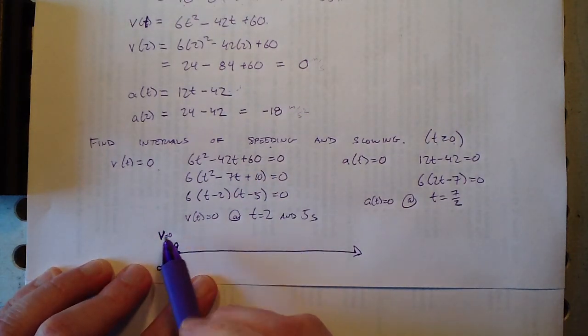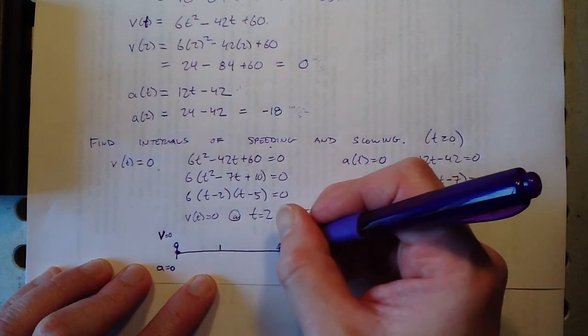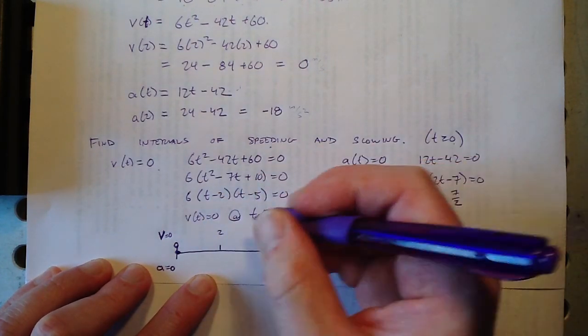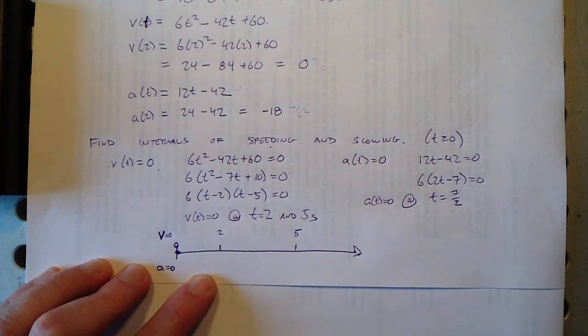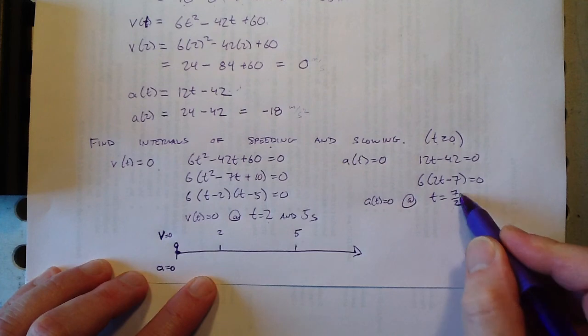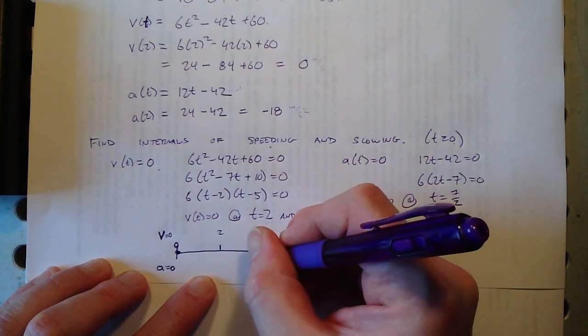So first of all, velocity is 0 at 2 and 5. Right? Notice I only made those marks go up. Those are my velocities. And acceleration is equal to 0 at 7/2 or 3.5. Right here.